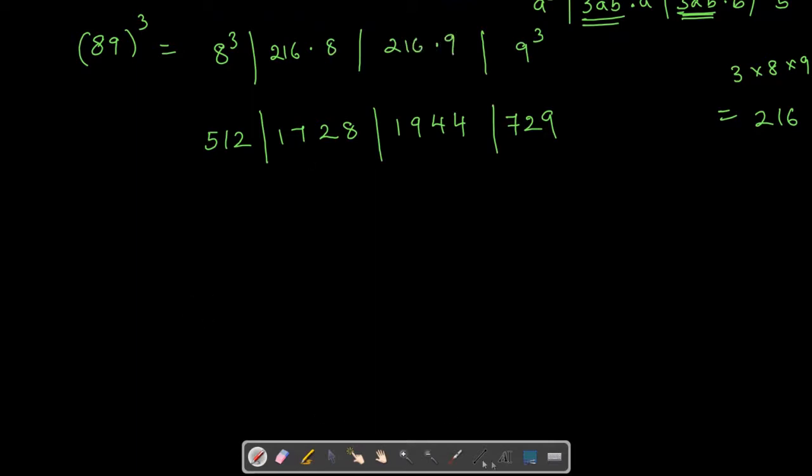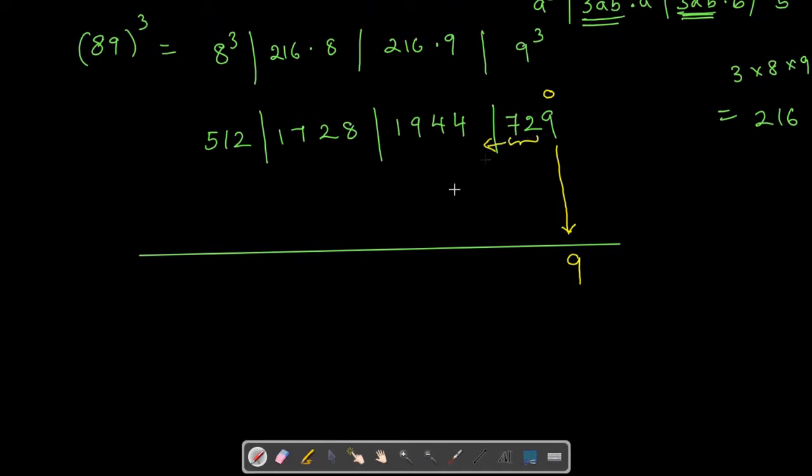So now we will follow the same method. We will just draw a line over here, and let me just change the color. So in the first step, I will take a 9 over here. Only the ones place we'll be taking, and the rest of the values we will push to the next one, and we will add the number. So we get 6. 9 plus 4, 7 plus 4 is 11, 10, and 2.